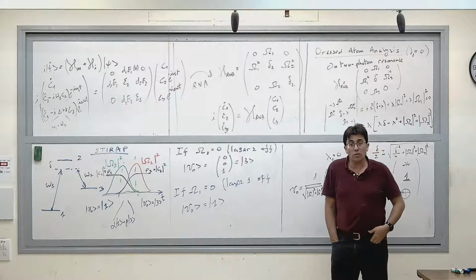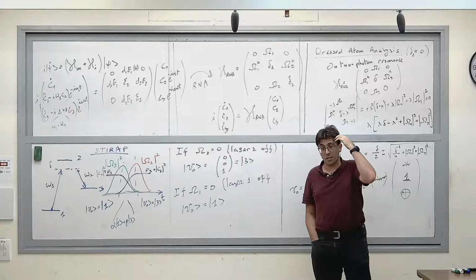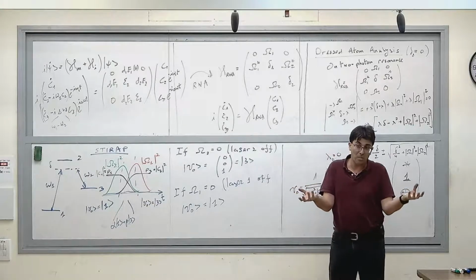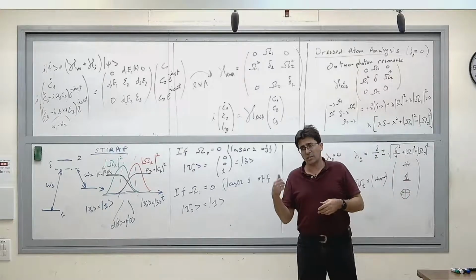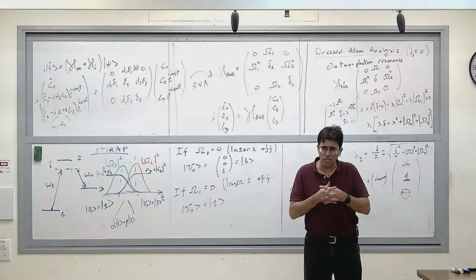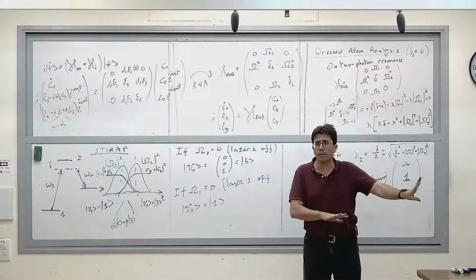It's very useful because the excited state is lossy. But those two ground states, they're probably not. And this has to do with electromagnetically induced transparency. We'll mention that next week. And then we'll leave the matter.